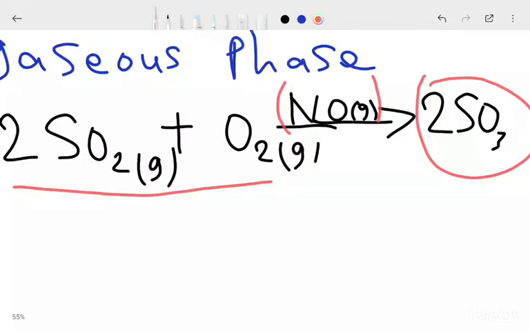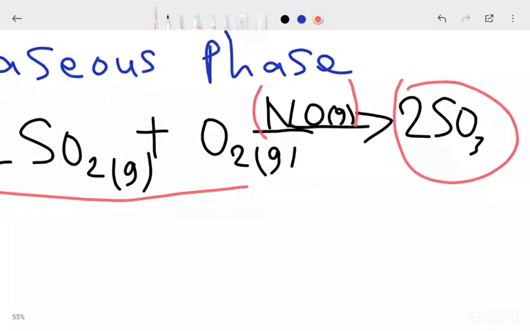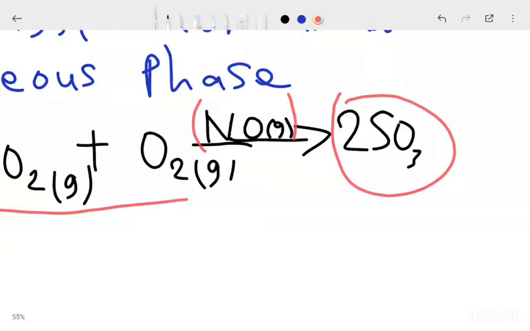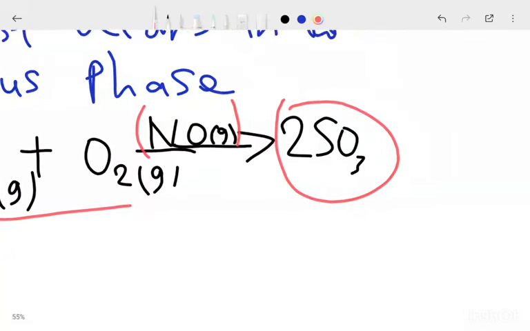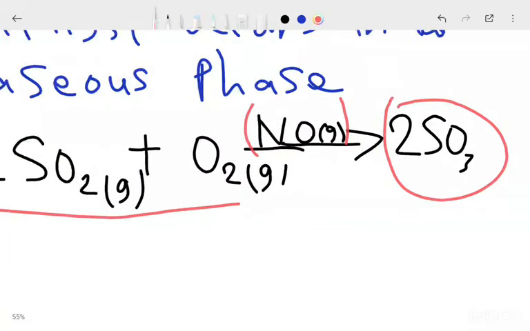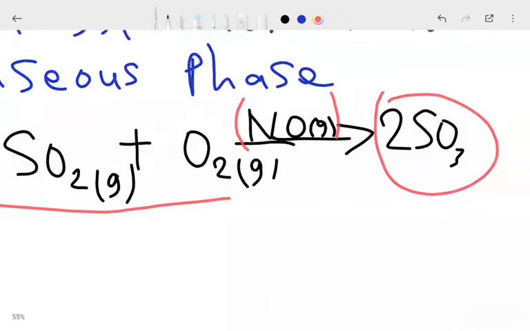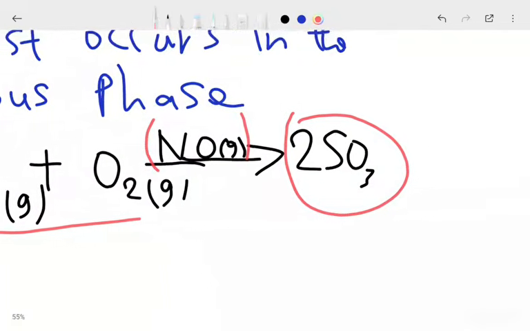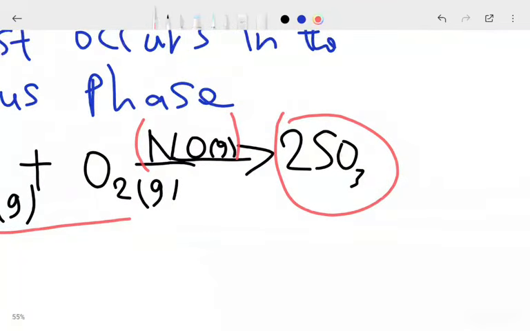Meaning that if the reactants are in the gaseous phase, the catalyst too must be in gaseous phase, and also the product too must be in gaseous phase. If the reactants are all solid, the catalyst too must be solid. The product too must be solid. If the reactants are liquid, then both the catalyst and the product must be liquid.